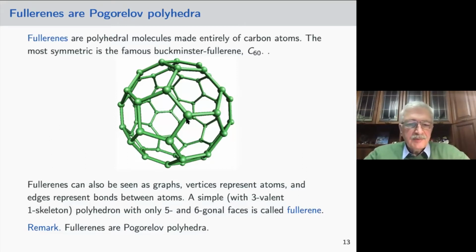The most symmetric and most famous is the fullerene with 60 vertices presented here. As a graph, it's just a planar graph with trivalent vertices, and each face is a pentagon or hexagon. And fullerene is a particular class of polyhedra.